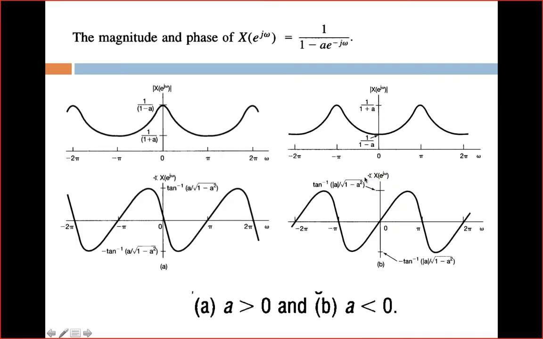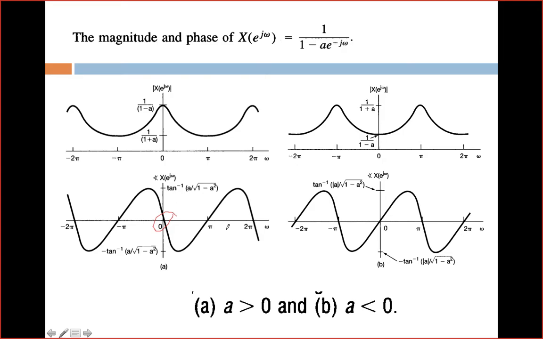For this case, when you substitute omega equal to 0, sine omega is 0, so tan inverse of 0 gives you 0 in the phase angle equation.